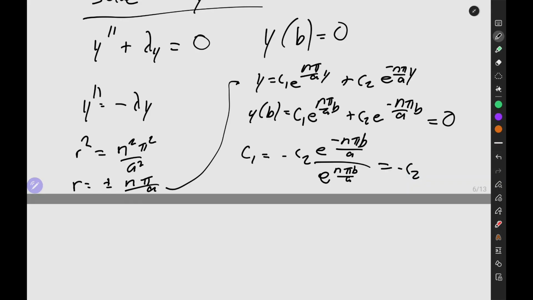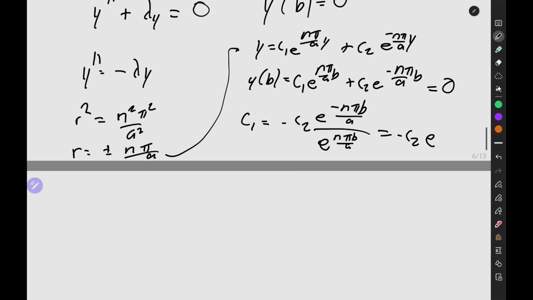Whenever you multiply exponentials together, you add the powers together. So it just becomes e to the minus 2n pi over a times b.